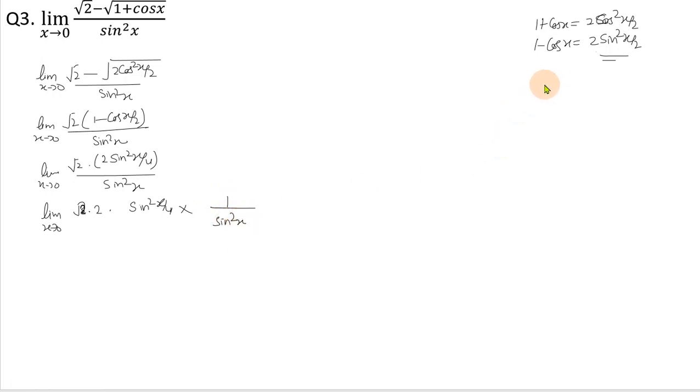Now in order to make the formula limit x approaches 0, sine x upon x equal to 1, we should have same angle in the denominator. So this is root 2 into 2. So here what we do, look, this is a square of ratio.